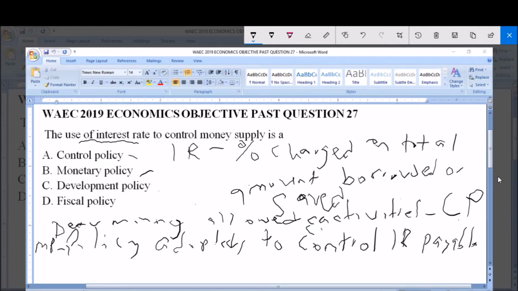Then as for development policy, the development policy is basically all about activities aimed at promoting sustainable development.